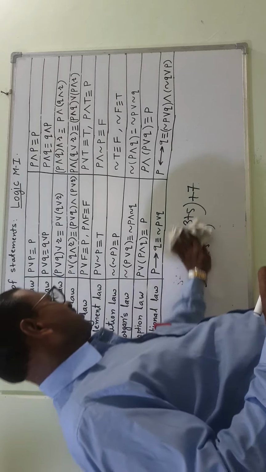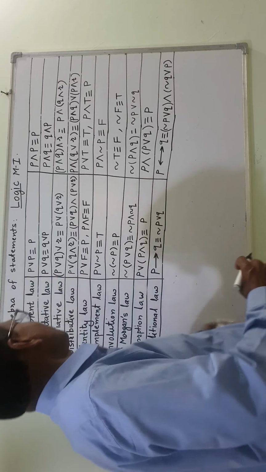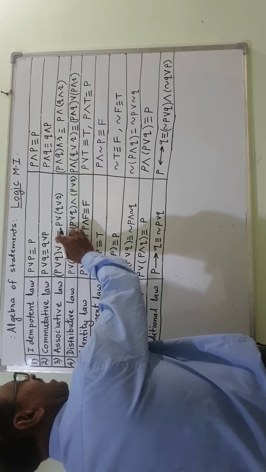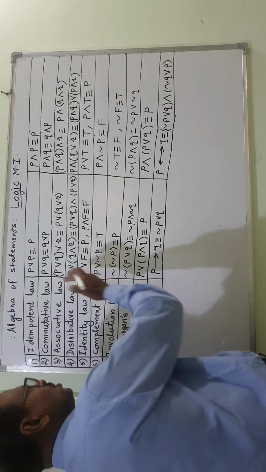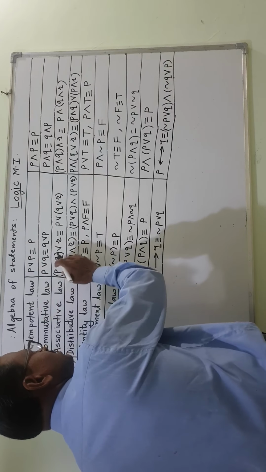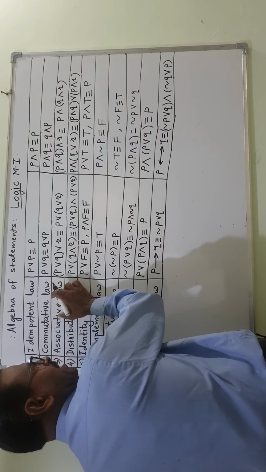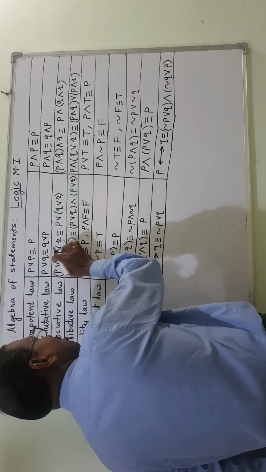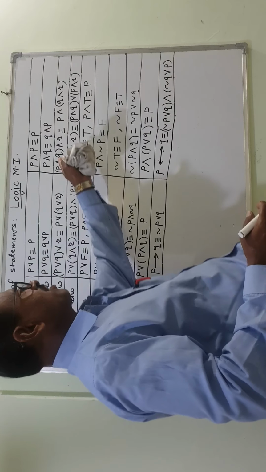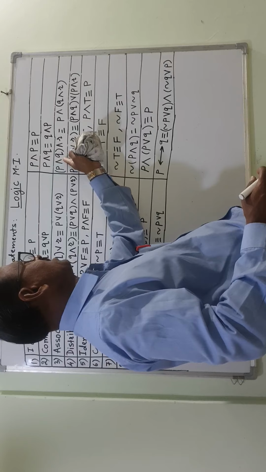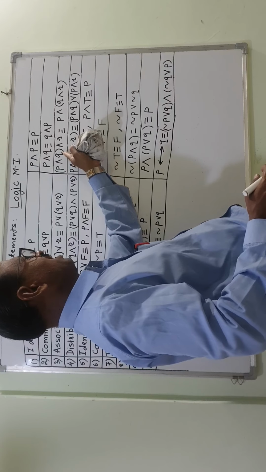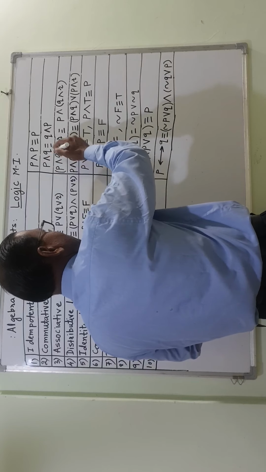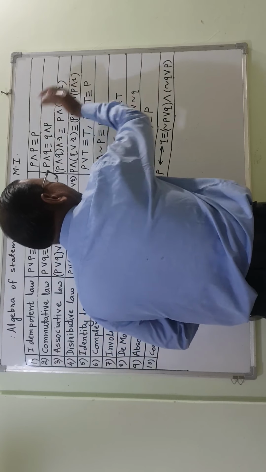How it has been associated, just see where the bracket has been shifted. P or Q or R. So remove this, separate this and join these two together. Means Q or R, and this P is there. Similarly for the AND, P and Q and R. So this is taken and this is put in the bracket.